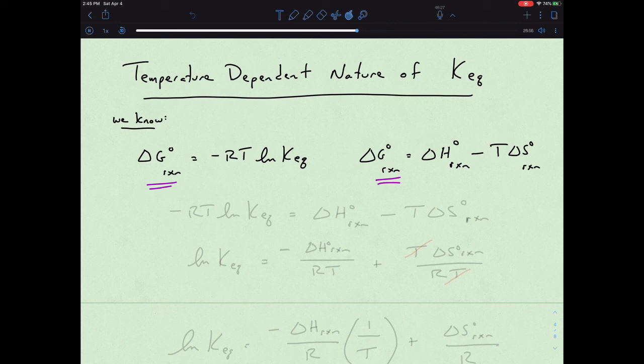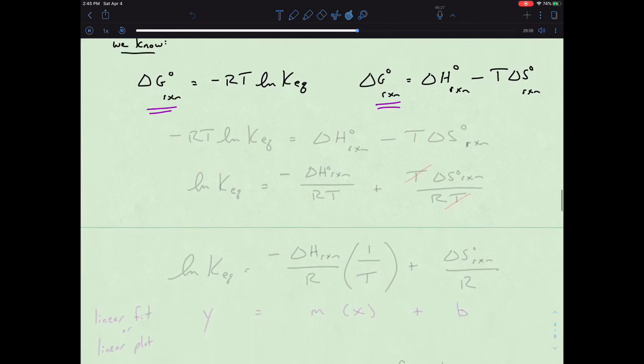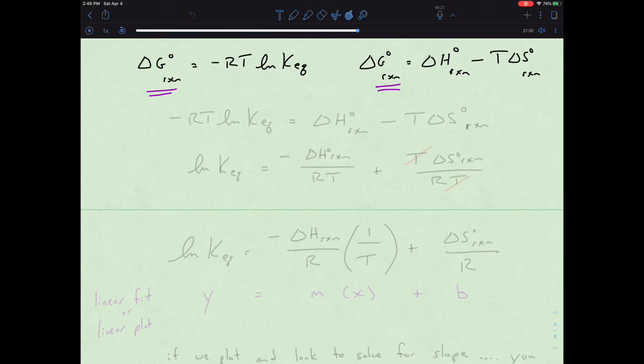And so that means we should be able to set these two equal to one another, which obviously we can do. In doing that, you would end up with something like this: our left side of the expression, which is looking at delta G and K, or this negative RT natural log of K, equals the Gibbs free energy expression we have on the right, which is the delta H of reaction minus T delta S.